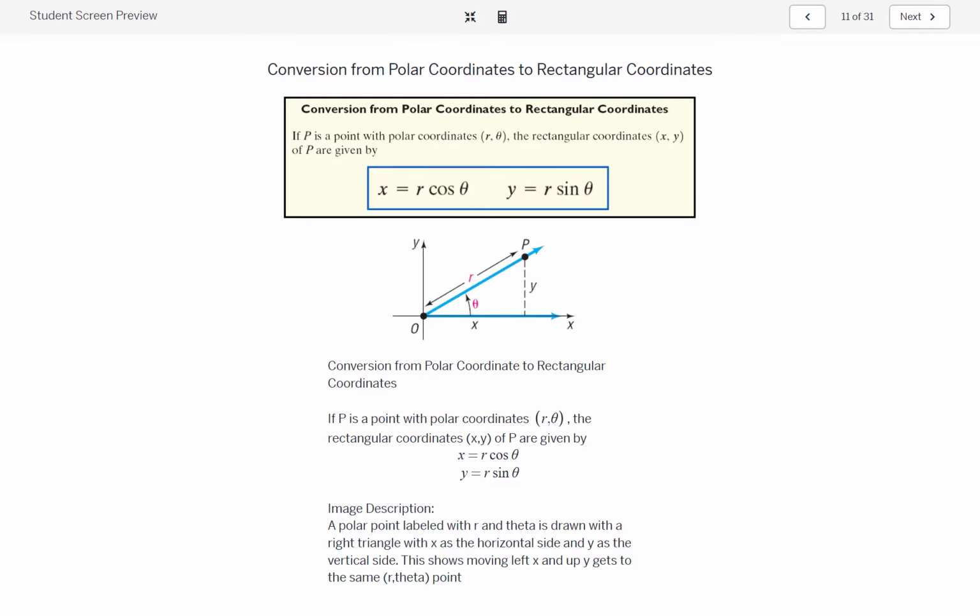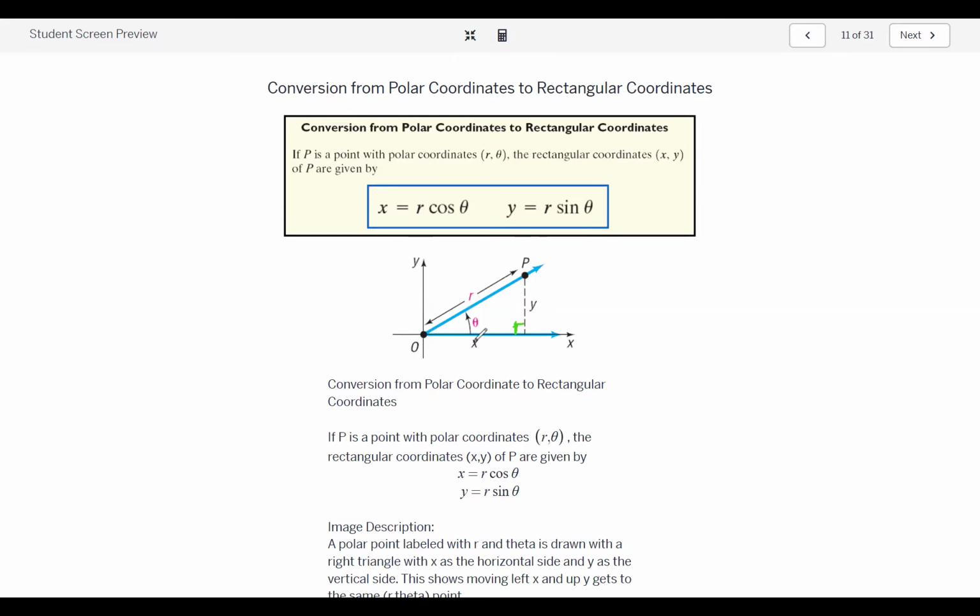When I'm looking at the picture here and I draw in that right angle, I have a right triangle. My x side, the x distance, is the adjacent side. The y side is the opposite side. And the distance labeled r is the hypotenuse.